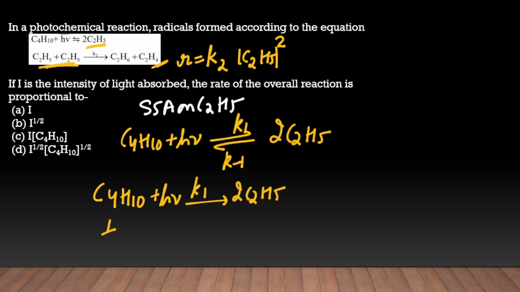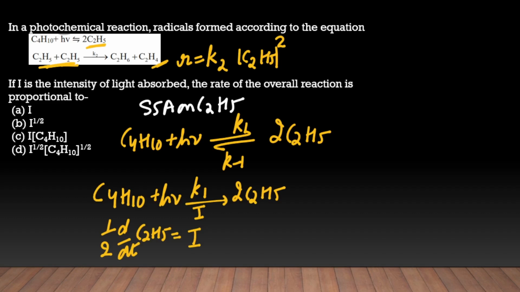So 1 by 2 d by dt of [C2H5] is equal to the intensity of the light I, which is being absorbed. So the rate for this first step, in which C2H5 is formed, is equal to the intensity of the light only.